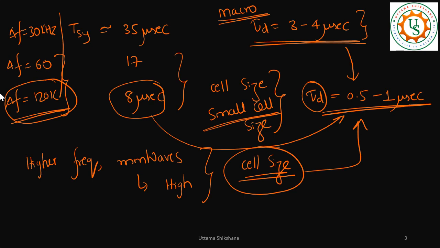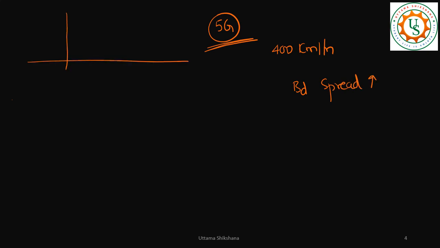But what are the other reasons? In 5G we want to support higher speeds, the speed of a bullet train, around 400 kilometer per hour. In this case, the Doppler spread is definitely high.